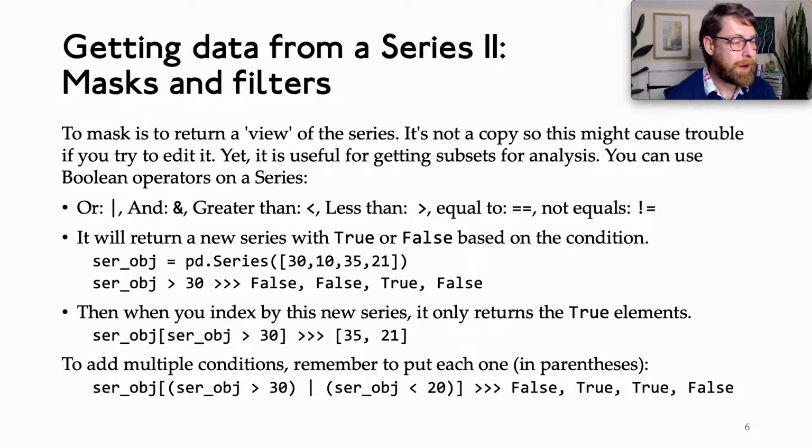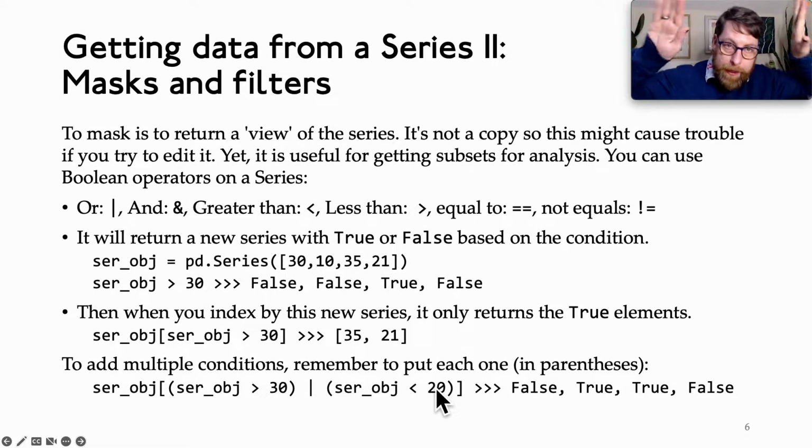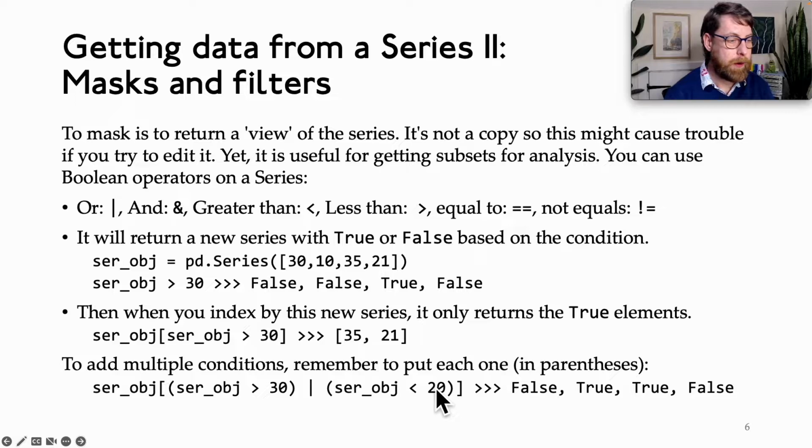Before we do it, though, I want to show how you can add multiple comparisons at the same time. The first one here is, is it greater than 30? And we get False, False, True, False, False. And we might say, or is it less than 20? So we're getting either side of the distribution. This pipe right here, as we mentioned, is an or.